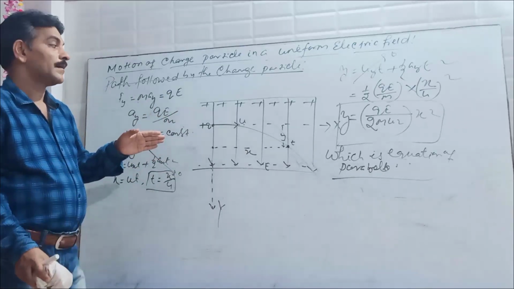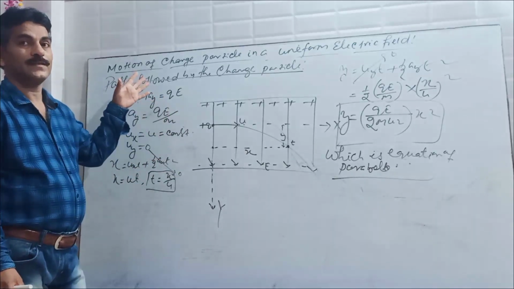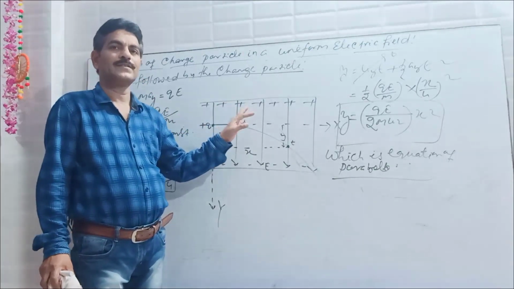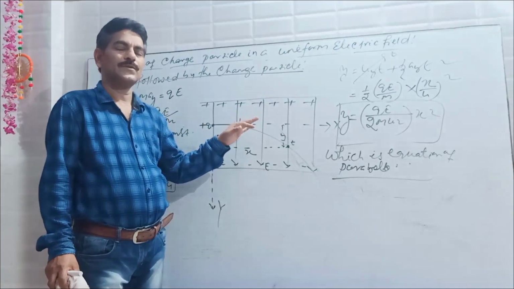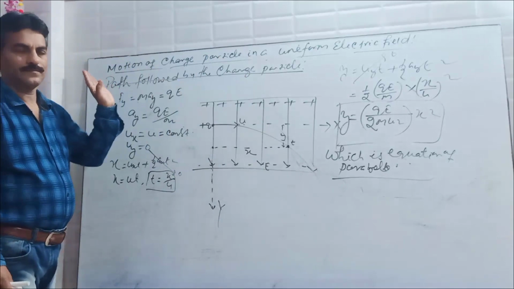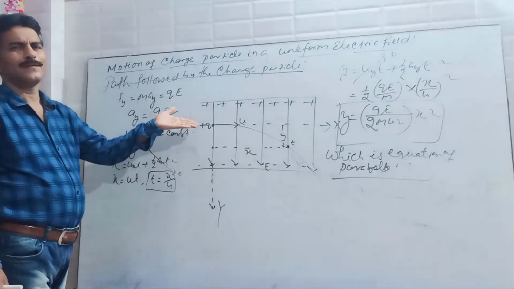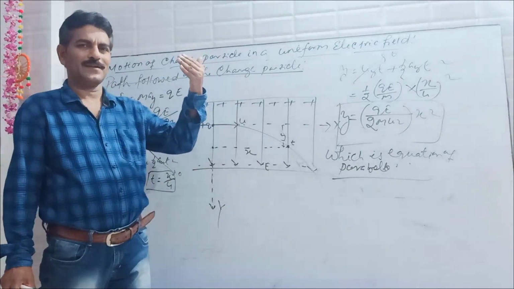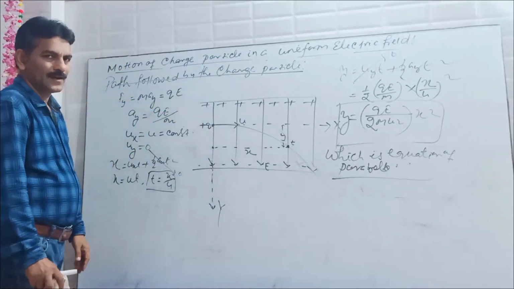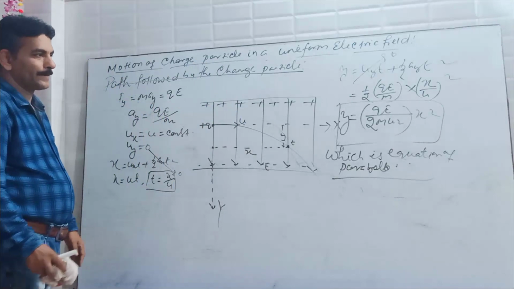And besides this, if the charge particle enters the electric field at any angle besides 0 and 180, it will describe a parabolic path. For simplicity, we are taking, just like your horizontal projectile, a charge particle entering the electric field at 90 degrees.